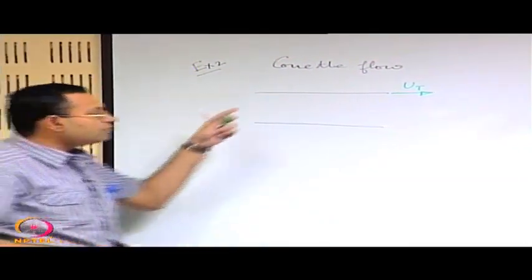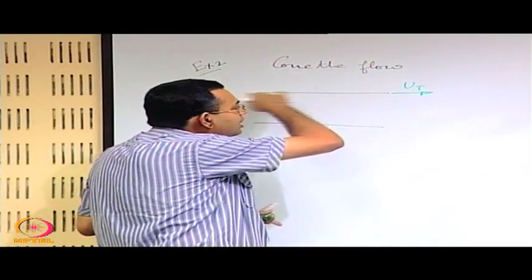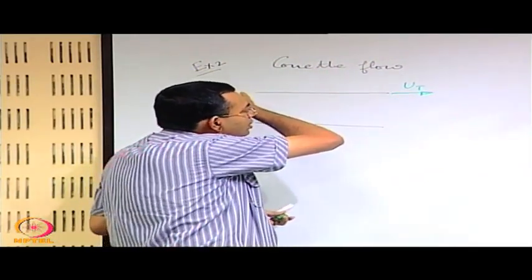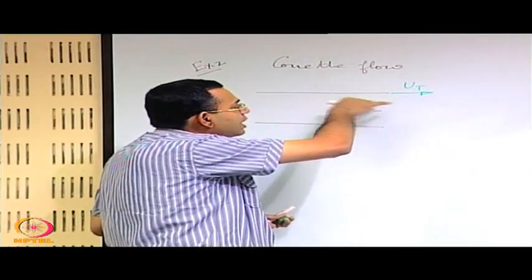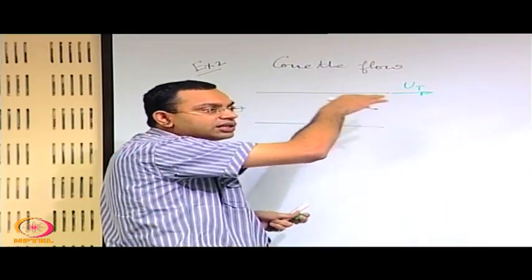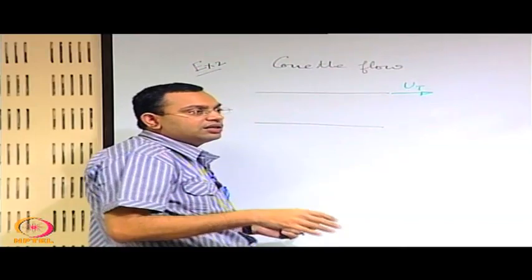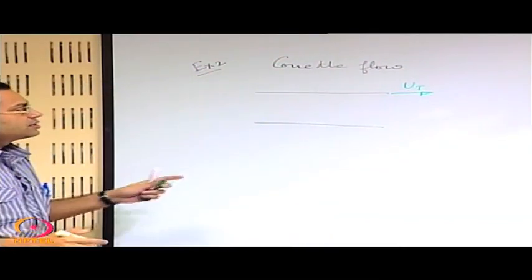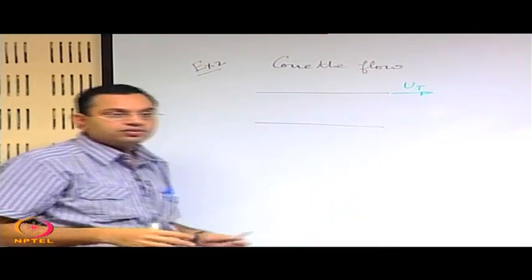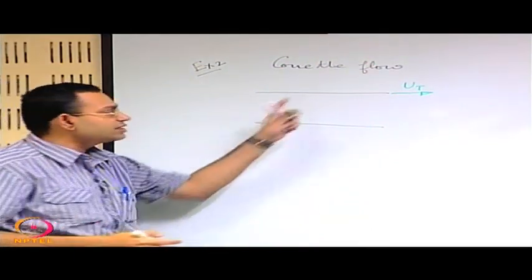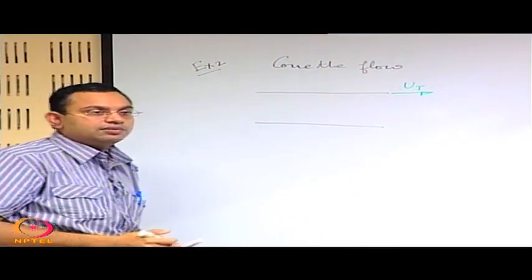That relative velocity is created by a designed motion of the top plate. There are cases when this designed motion may be oscillatory or time dependent, and that type of problem is not within the scope of this course, but is discussed in an advanced fluid mechanics course in the subsequent years.